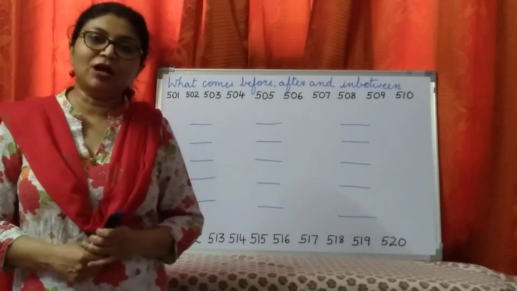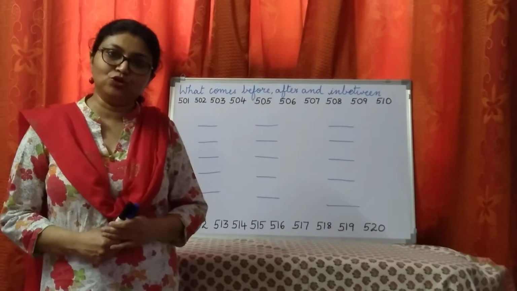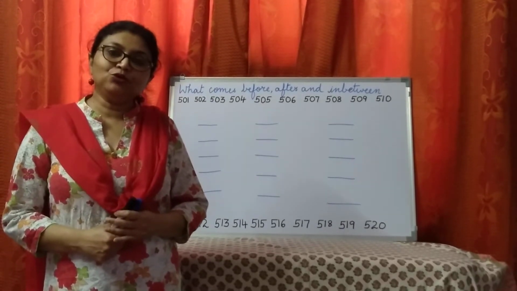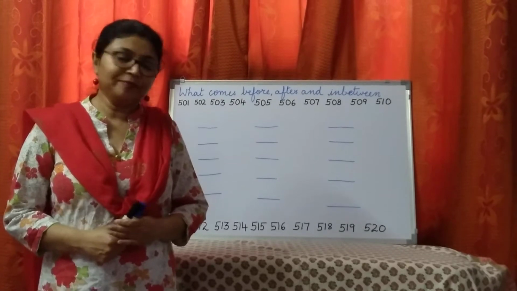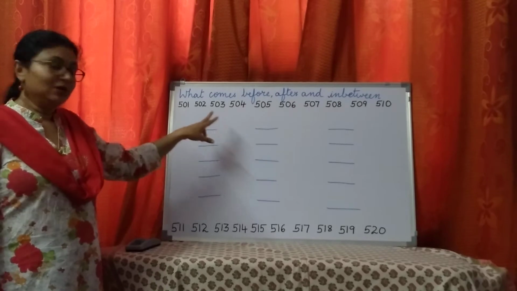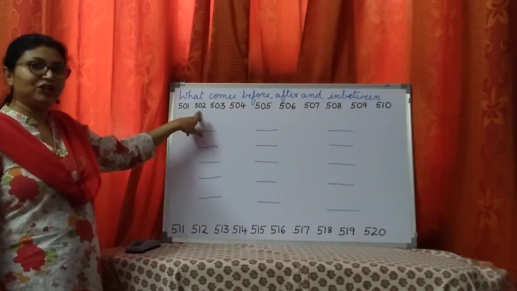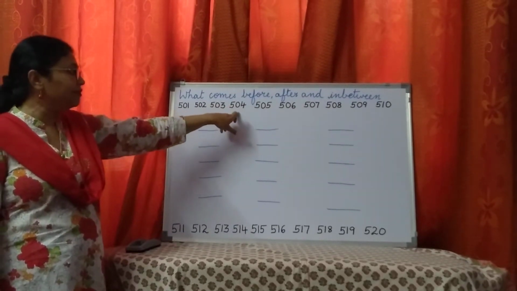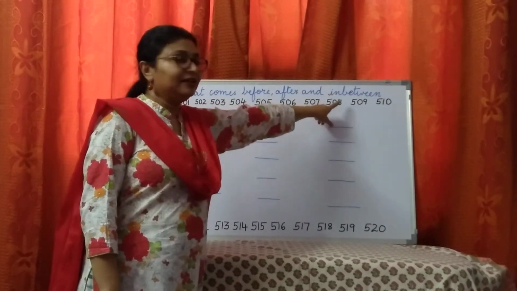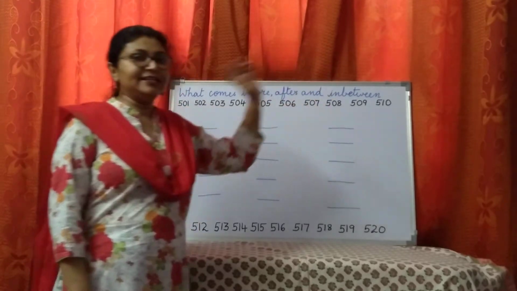You have done before, after and between in class KG also, but with double digits. Today we are going to do it with 3 digits, okay? Here I have written some numbers for you: 501, 502, 503, 504, 506, 507, 508, 509, 510.